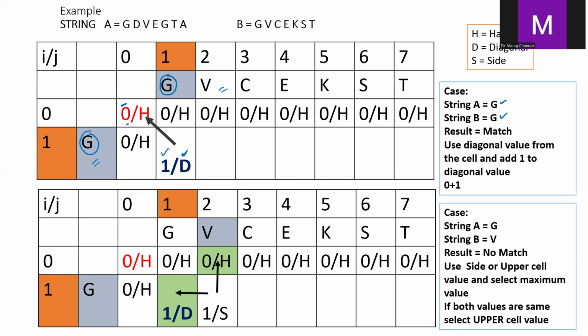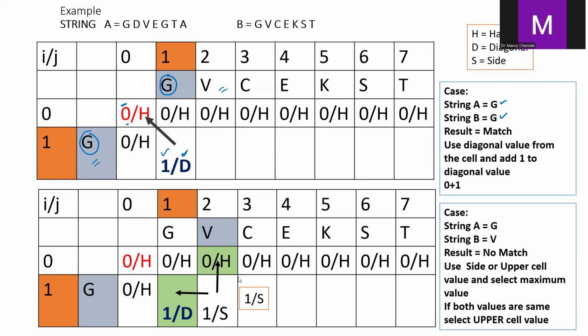In that case, we will be referring to the upper cell and the side cell, not the diagonal. You can see that this 0 is the upper value and this 1 is the side value. Since 1 is greater, we'll write 1 by S.